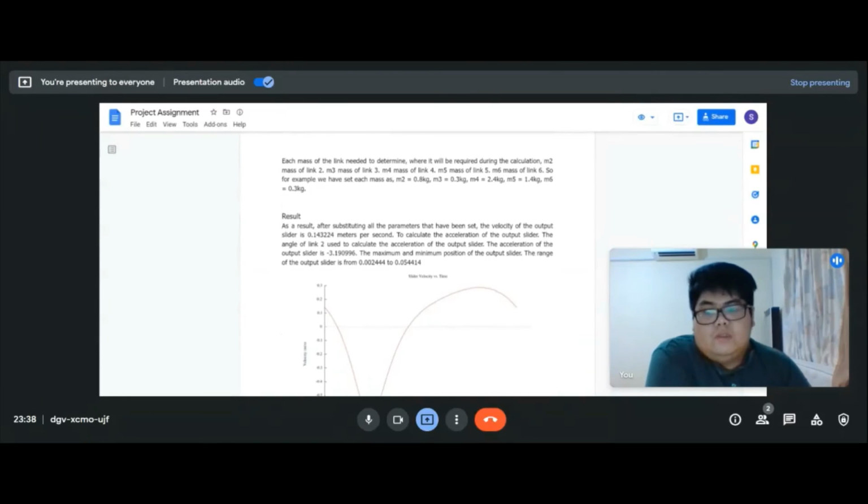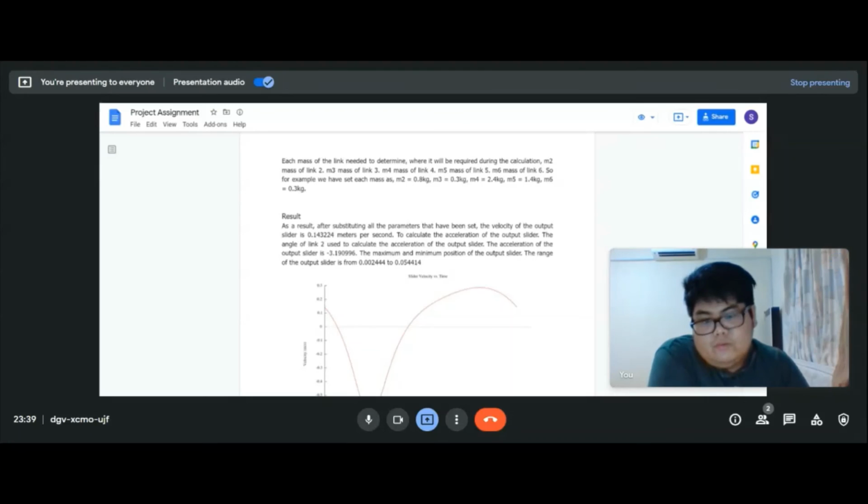So here, after we have run through our calculation, we have substituted all the parameters in our equation. As a result, we get the velocity output of the slider is 0.14 meter per second, and then the acceleration is 3.19 meter per second squared.